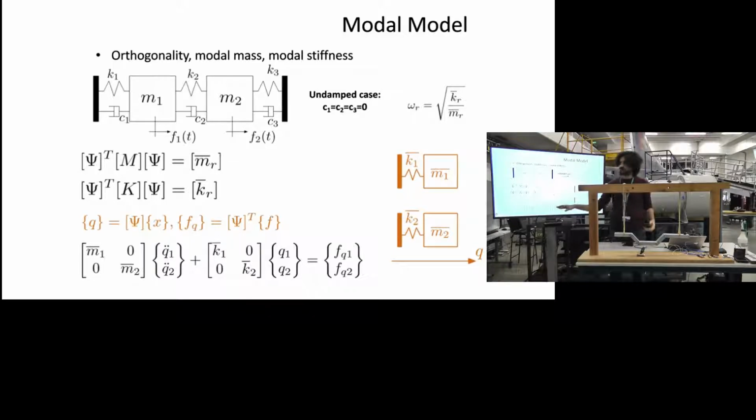If you rewrite the equations of motion for the modal model, each mass doesn't interact with the other mass. Modal mass 1 has its own modal stiffness 1, modal mass 2 has its own modal stiffness 2, and they are not connected to each other. They live in their own space.